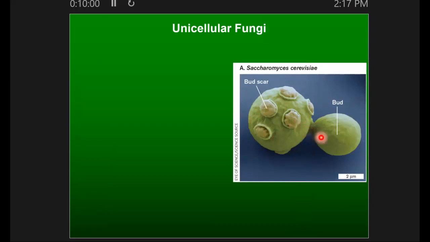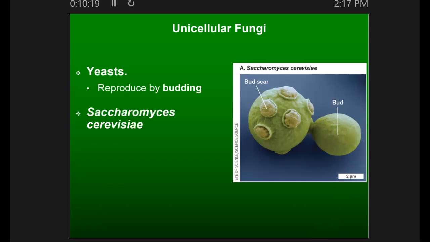They bud off like little baby yeast cells, and they're smaller like this, and then they'll break free of the mother yeast, so to speak. They actually use those terms. And then that yeast will get bigger physically to the adult size. And so they're really fun to look at under the microscope, and they have this very fun budding behavior when they go through reproduction.